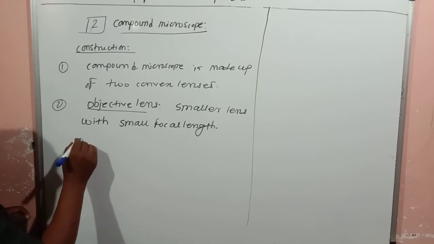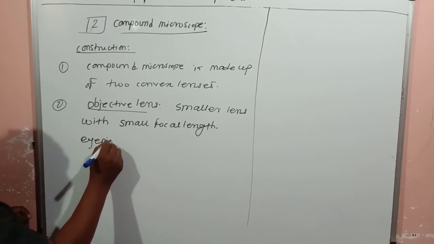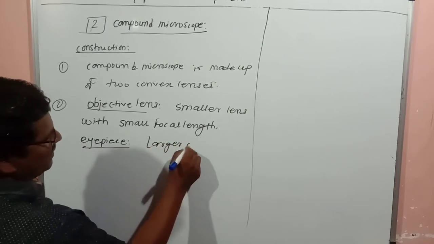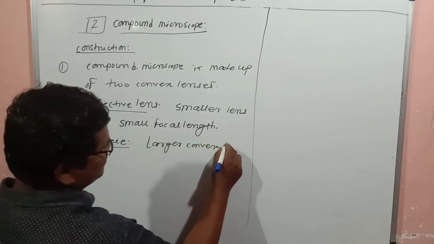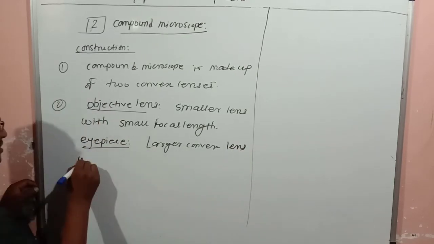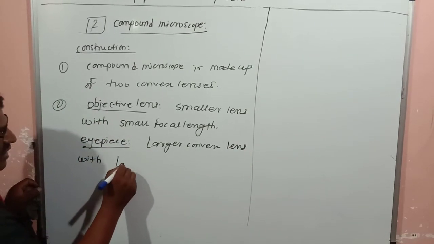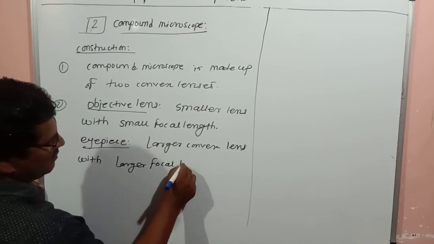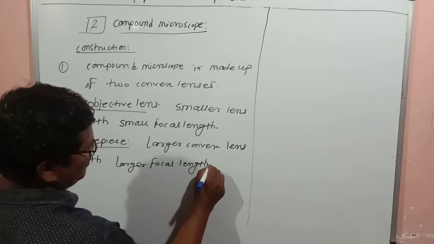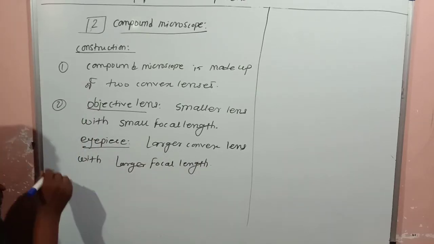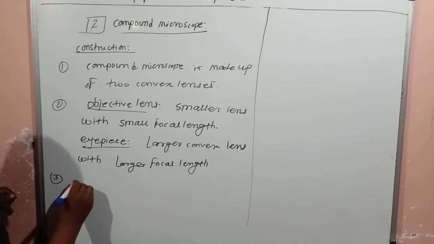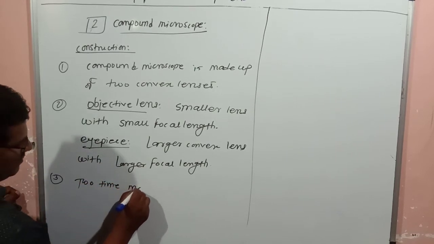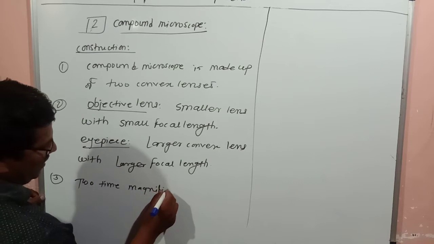Next is the eyepiece, a larger convex lens with a larger focal length. Then, 2 times magnification is produced.